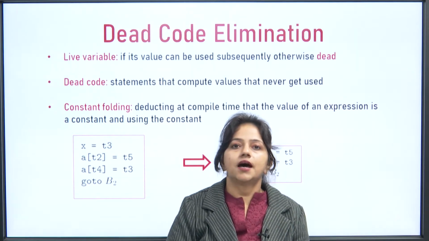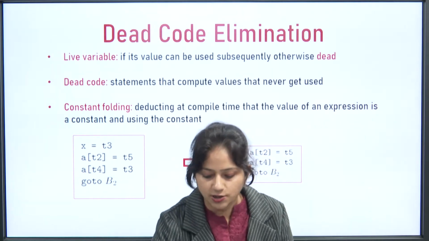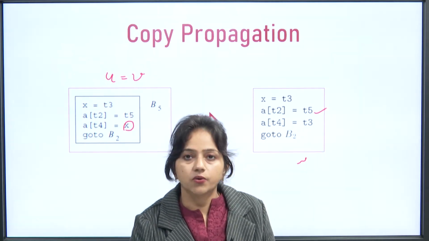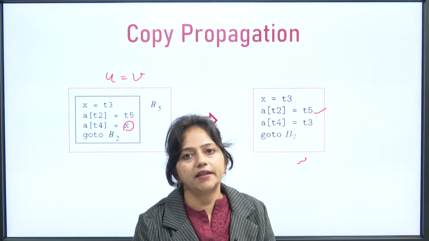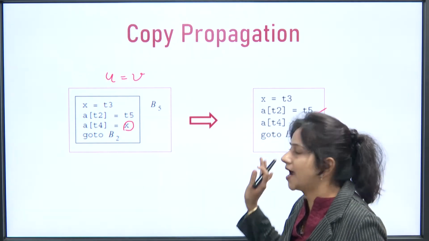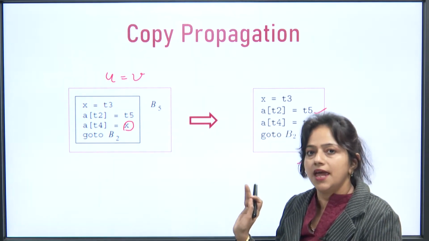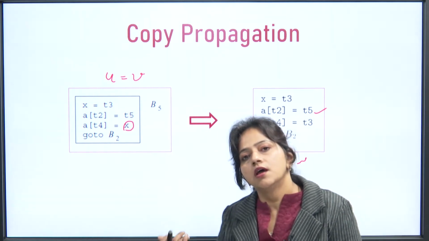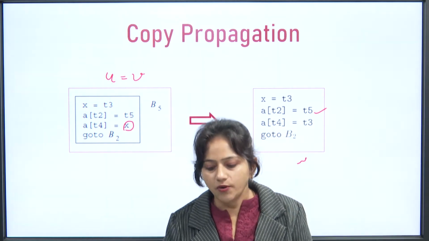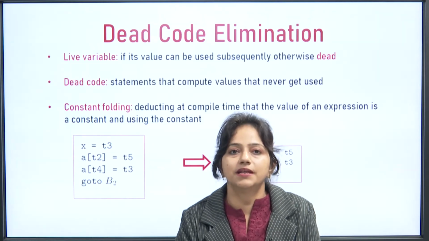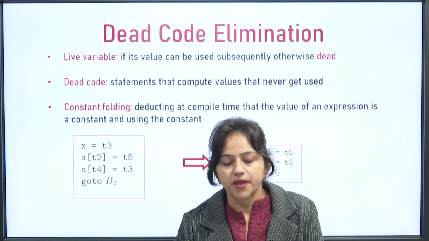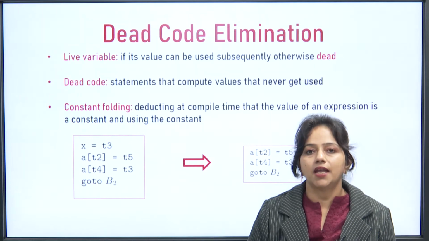Next is dead code elimination. You may be feeling that the number of statements here and here are the same, but some optimization has been done, and it will be visible in this particular step, dead code elimination.